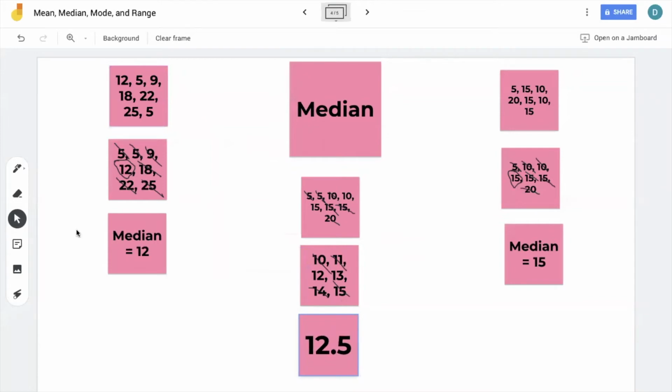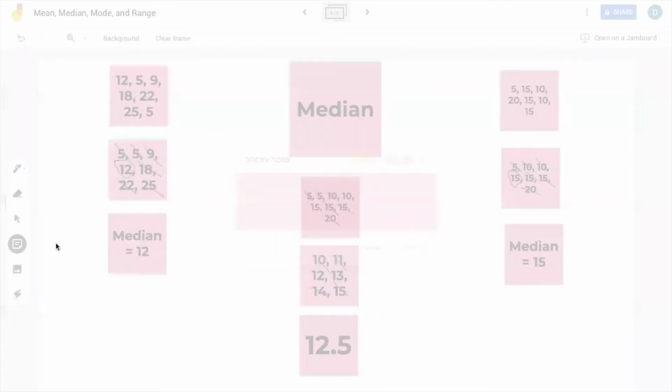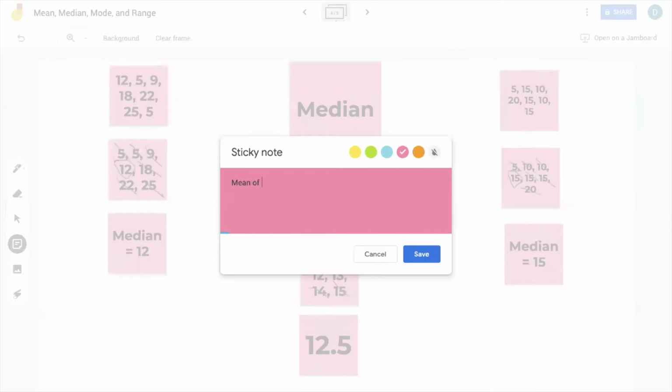Now, I could have found this by using the mean, actually. You can find the mean between 10 and 15, and it will show you what's in the middle of them. So let's see, the mean of 10 and 15.